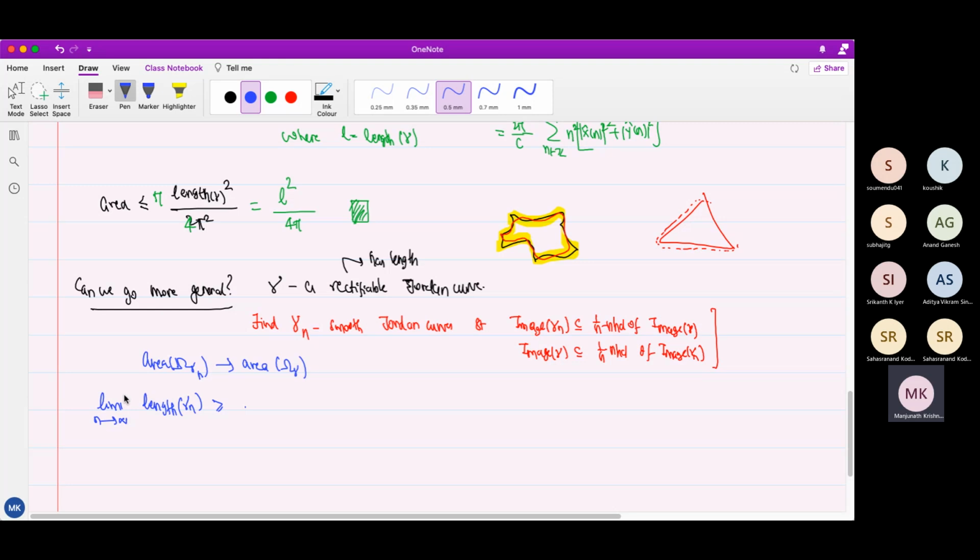You can approximate it, but you want... Okay. So I thought something wrong. This won't work. So what you want to do is find an approximation so that both will happen: the area converges, and the length of gamma n converges to the length of gamma.